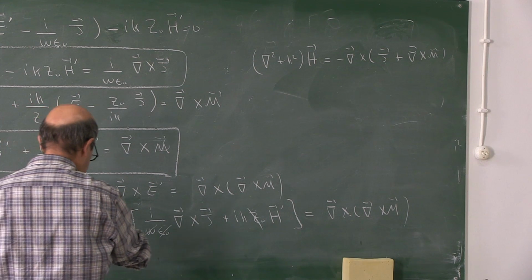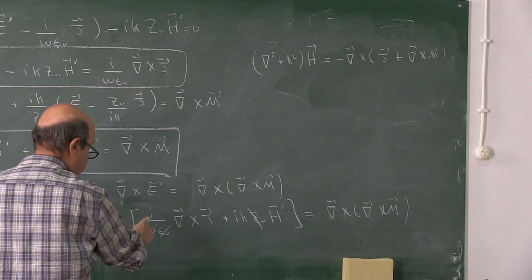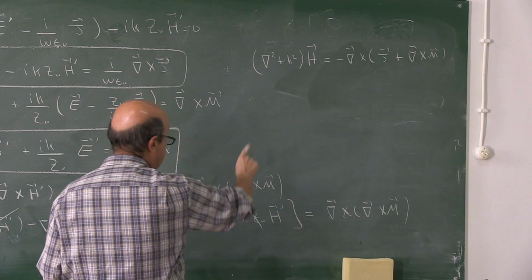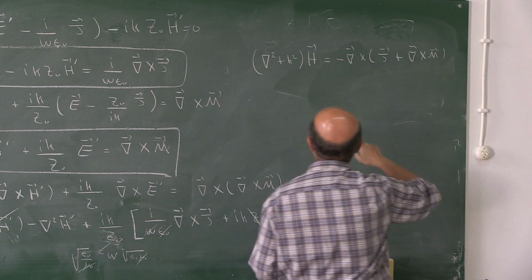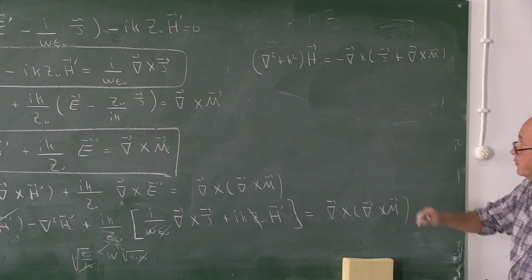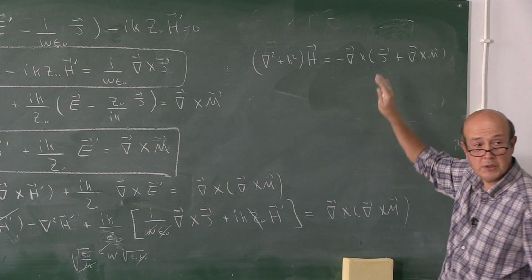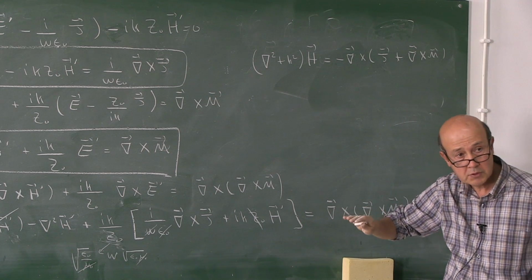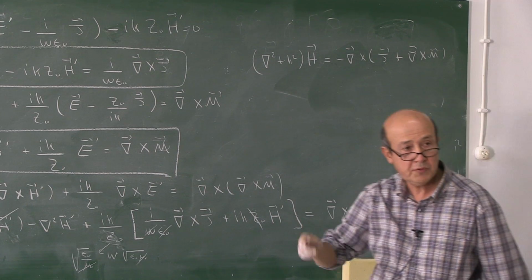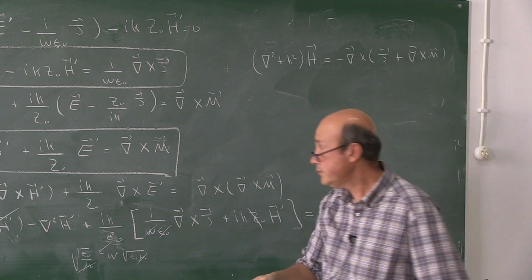So i and i is minus, goes to the other side positive, and if you multiply everything with minus, that becomes minus again. So compared with what we have done previously, we obtain a non-homogeneous wave equation. We know how to solve it because we know the Green's function. Then we know how to find the coefficients.